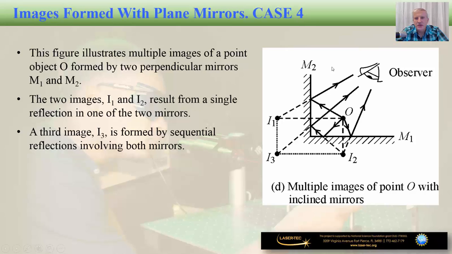As you can see, by using the ray tracing method, we determine three mirror images, where the mirror image I1 is created by the mirror M2, and mirror image I2 has been created by the mirror M1. Then we also have the third mirror image I3 that's formed by sequential reflections involving both mirrors.